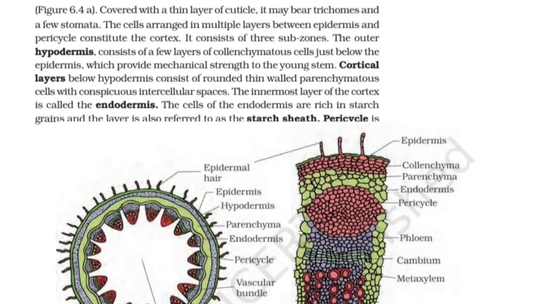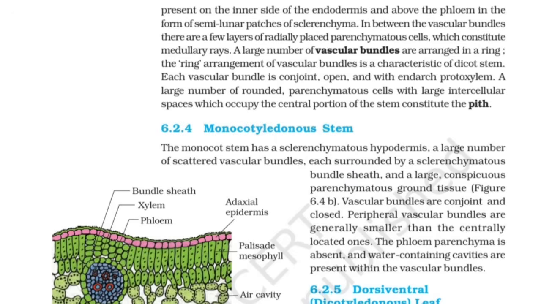The innermost layer of the cortex is called the endodermis. The cells of the endodermis are rich in starch grains, and the layer is also referred to as the starch sheath. Pericycle is present on the inner side of the endodermis, and above the phloem in the form of semilunar patches of sclerenchyma. In between the vascular bundles, there are a few layers of radially placed parenchymatous cells, which constitute medullary rays.